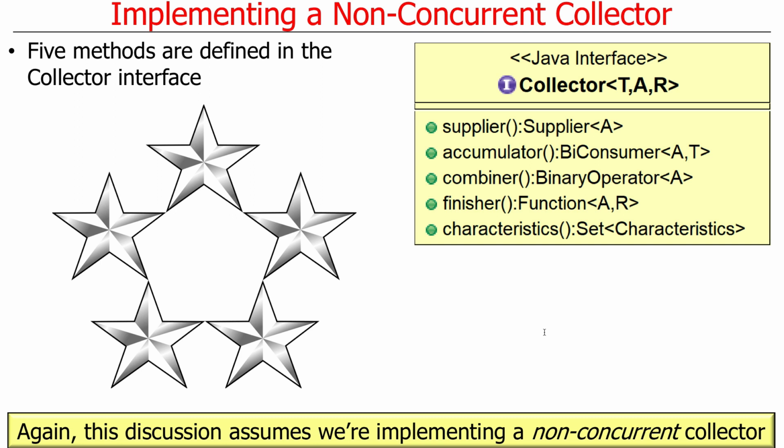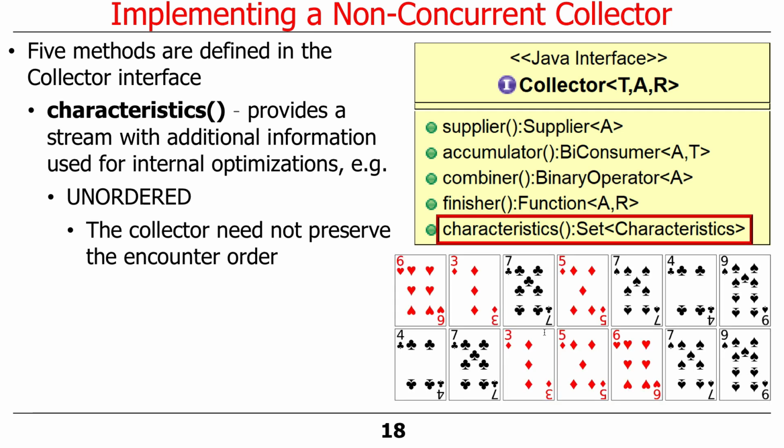So there are also 5 methods that are defined as part of the collector interface, and we're going to focus here on the non-concurrent collector semantics. There's also concurrent collector semantics, which we'll talk about later. The first method, which sets whether you're concurrent or not, is called characteristics. And as you can see, it returns a set.